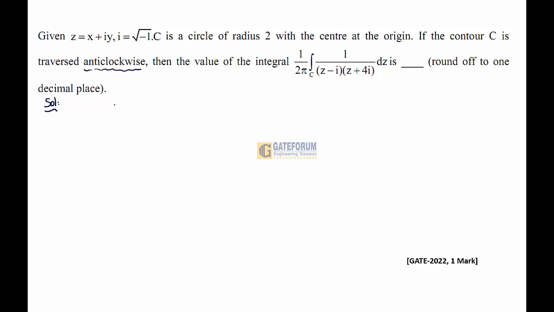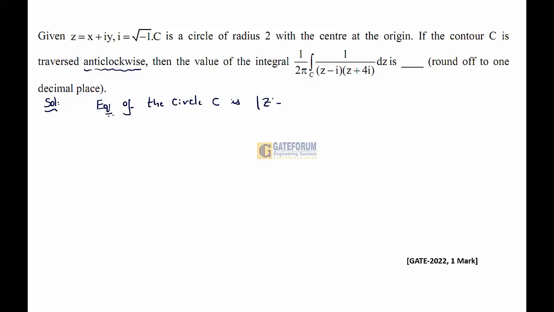The equation of the circle C radius 2: mod z minus a, where a is the center, which is already given as origin. So mod z minus 0 is equal to 2.